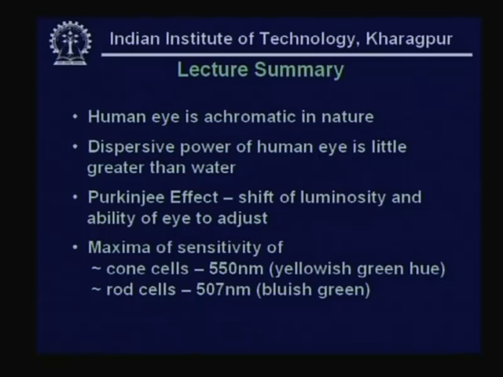We have already seen that cone cells, which are responsible for fine details and color vision, and are located on the fovea, have a maximum sensitivity at a wavelength of 550 nanometers, which corresponds to a yellowish green hue, whereas rod cells, which are responsible for dim light or night vision, have a peak around 507 nanometers, in the bluish green zone.